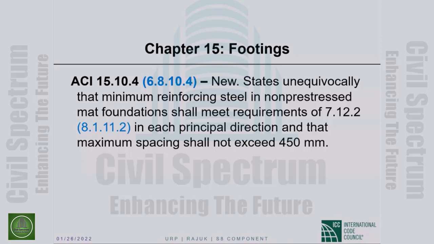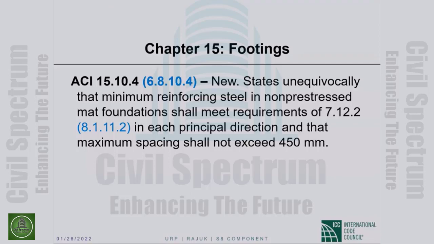So we got an infinity of questions. Mat foundations are typically thick. 0.18% of gross is quite a bit of reinforcement. And so there were questions, is it needed, or whatever. So now it is unequivocal. In each direction, you need 0.18% of gross. That is the minimum reinforcement in a mat foundation. 0.18% of gross section in each direction.